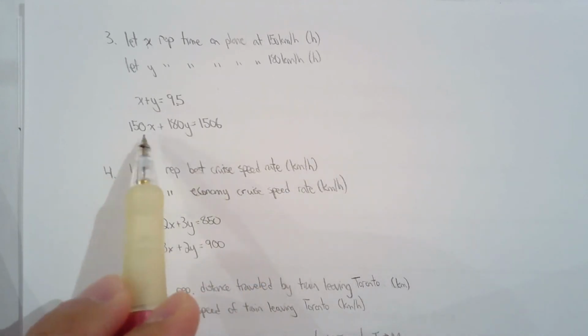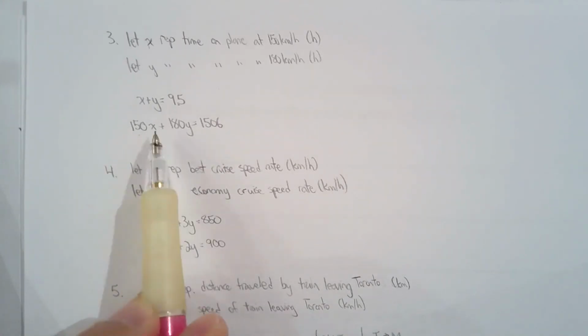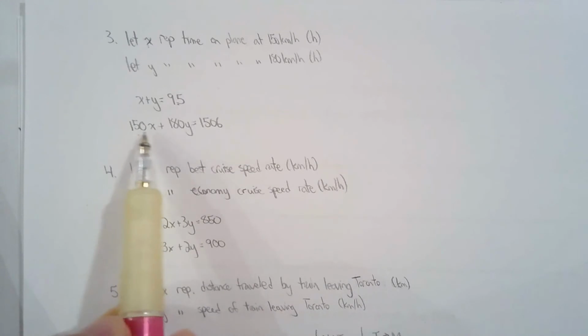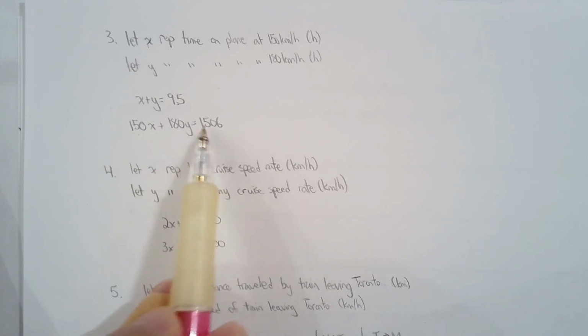Now 150x comes from the fact that if speed is distance over time, then distance is equal to speed times time. So speed is 150 kilometers per hour and times x is the number of hours. So this is the distance covered for that part of the trip, the slower part of the trip, and this is the distance covered by the faster part of the trip, and this is the total distance covered.